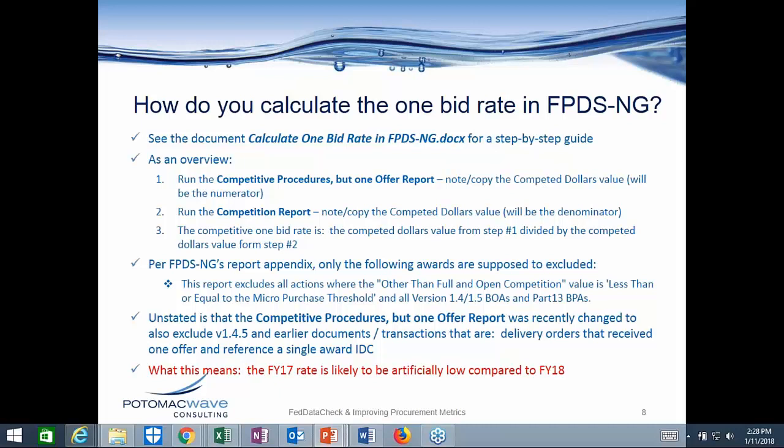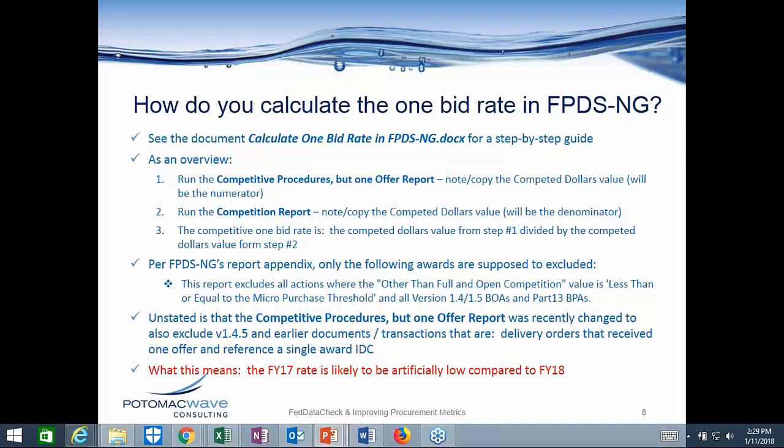So that would really be FY17 contract action reports and earlier as a general rule. If it was created and last touched in FY17 or earlier, that's condition number one, so an older award. And if it's a delivery order that received one offer and referenced a single award IDC, they're excluding it from the competitive procedures but one offer report.